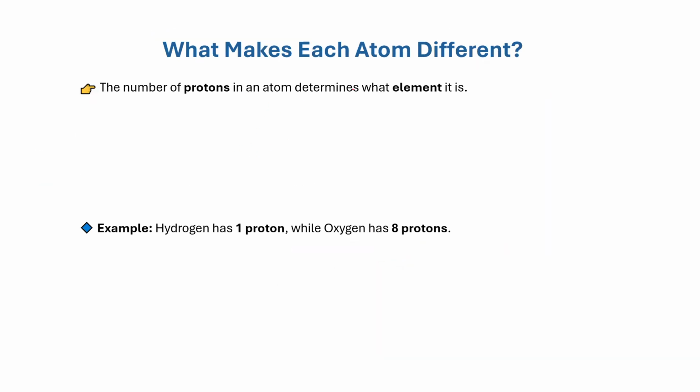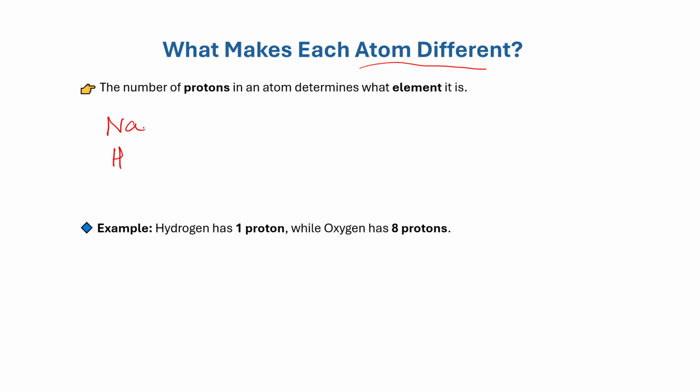Then what makes each atom different? Suppose I talk to you about the atom of sodium, the atom of hydrogen, and there are many other atoms. There are more than hundreds of atoms present. So how are they different from each other? If all of them have a nucleus and electrons outside of the nucleus, then what makes the difference?